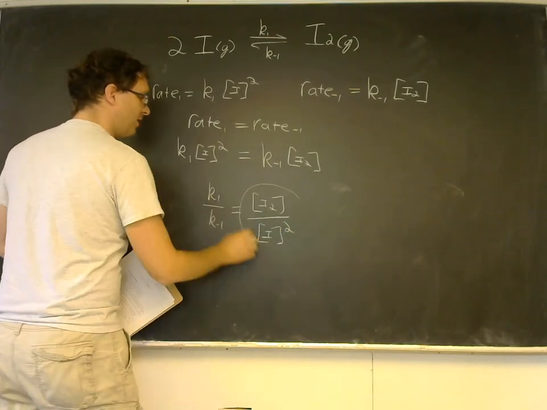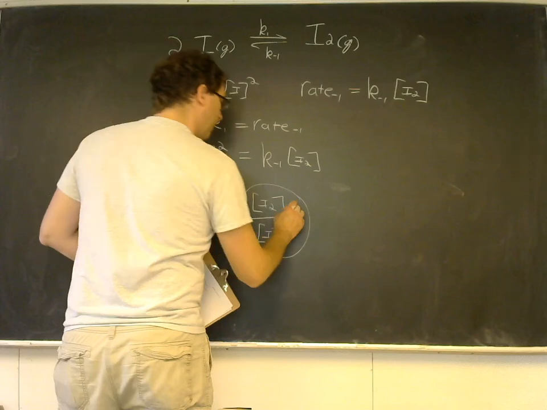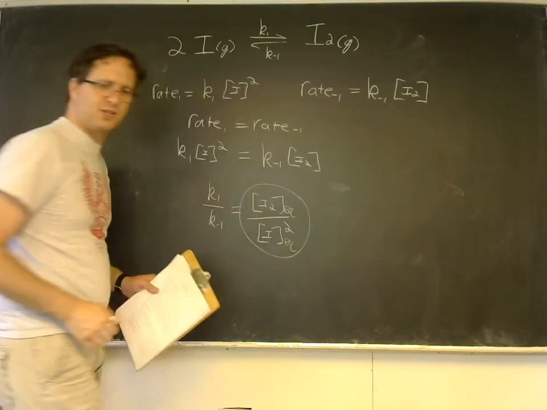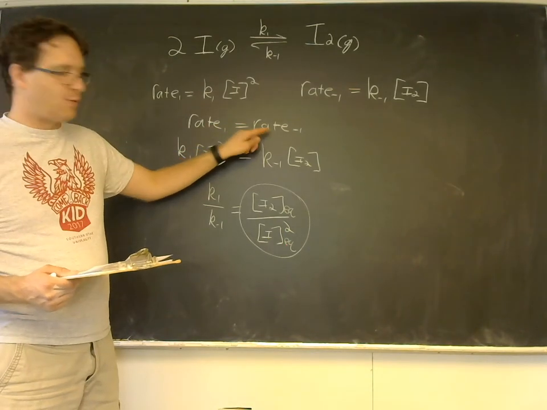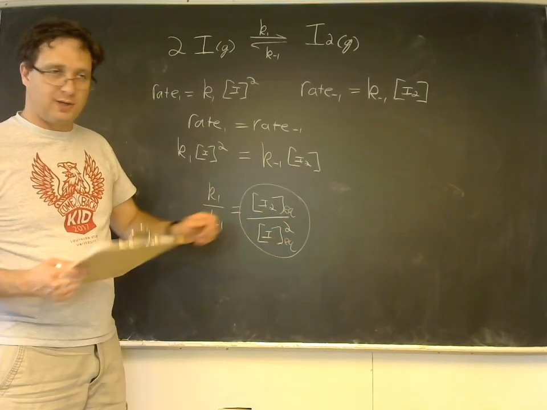And this quantity right here, those in particular are the equilibrium concentrations, right? Because rate 1 is only equal to rate -1 once those concentrations have settled into their equilibrium values.